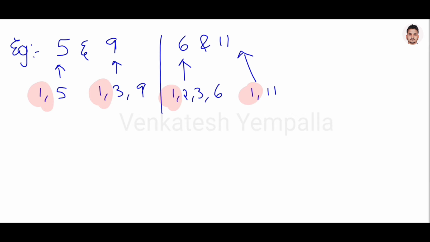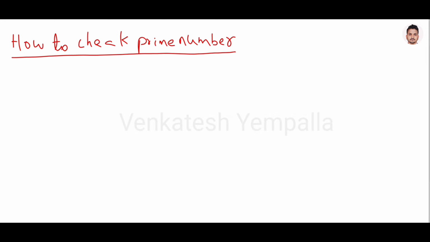Now we will see how to check a prime number. If you want to check whether a number is prime or not, we can use two formulae. One is 6n plus 1 and the other is 6n minus 1.